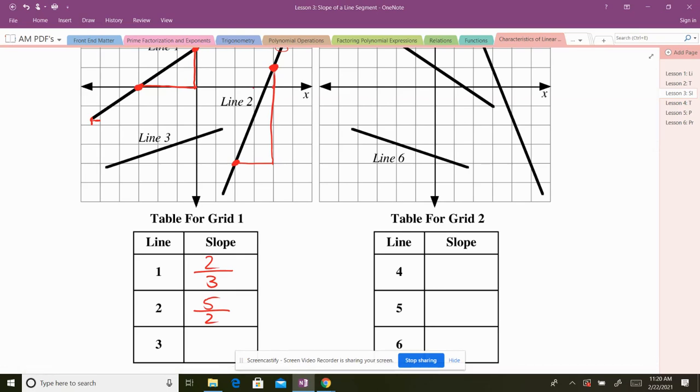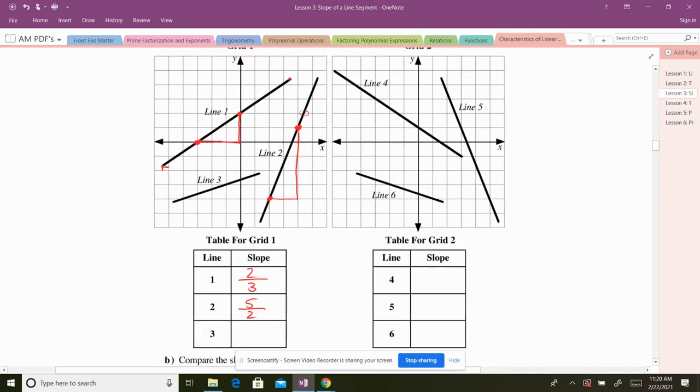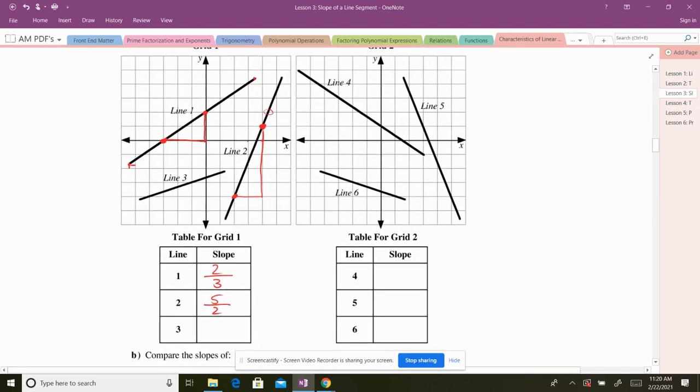All right, let's try grid 2. Let's do line 4 and 5. Actually, I'll let you do line 4 and 5. Just make a triangle. Pick any point that is nice and clear.